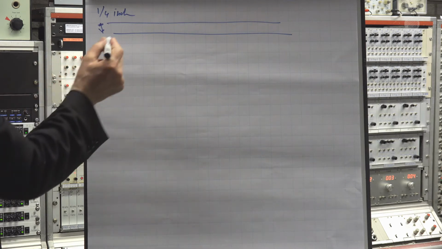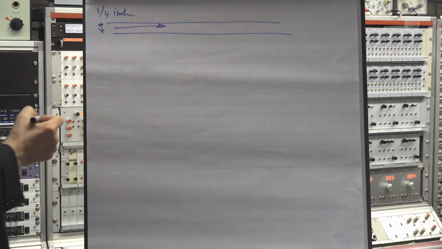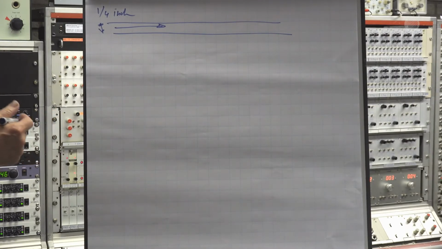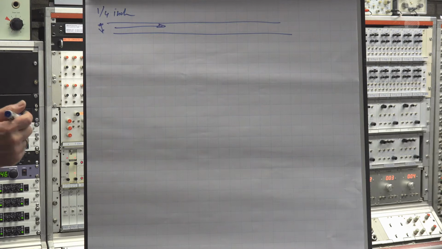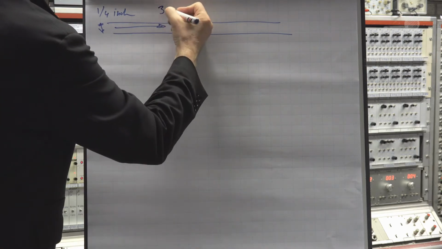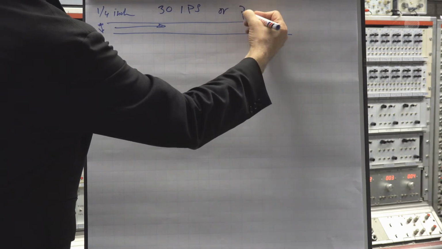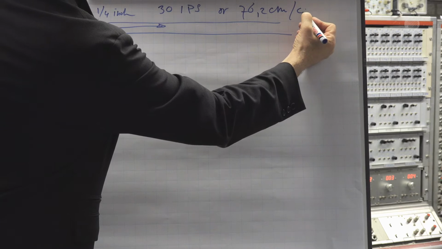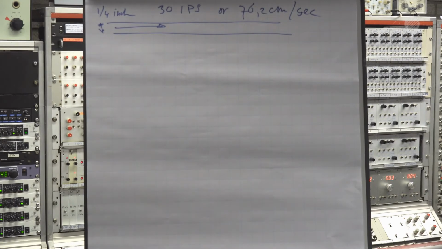And that means that this whole tape was recorded in one direction with one track. So that's a full track mono recording. And the tape speed was in the beginning 30 inch per second or 76.2 centimeter per second. That's a very high tape speed.